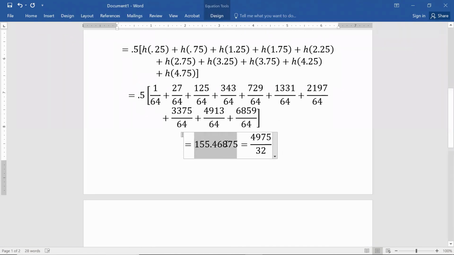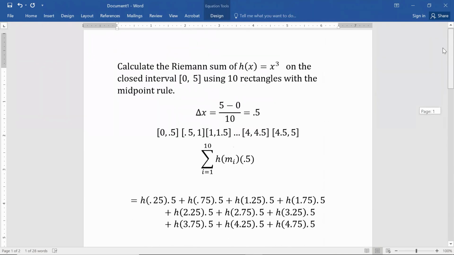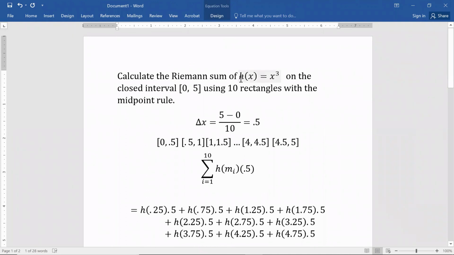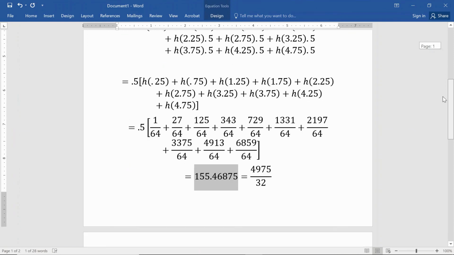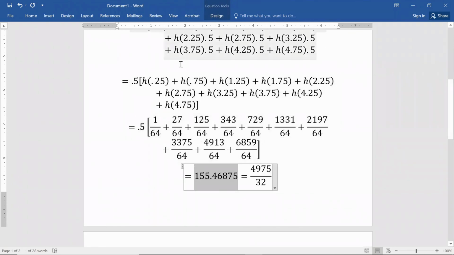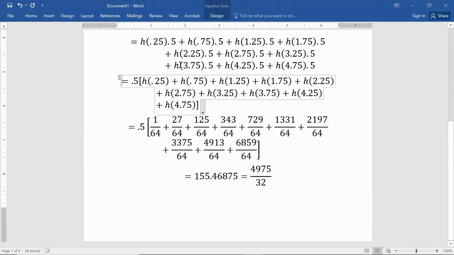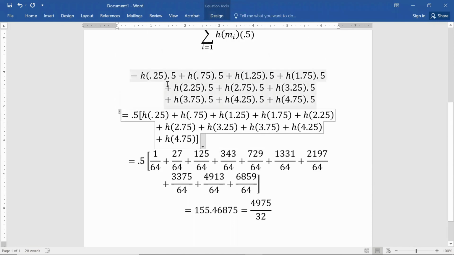This is the Riemann sum approximation of the area under h of x equals x to the third from 0 to 5 using 10 rectangles. Again, I've tried to utilize some algebraic tricks to make my writing a little bit easier, but you don't have to do that if you don't want.